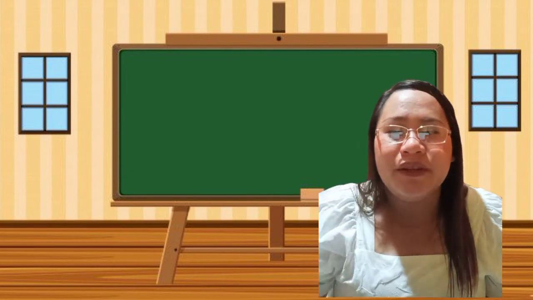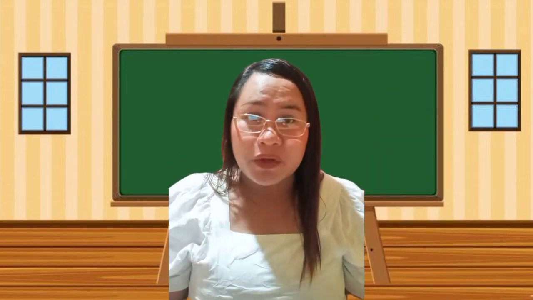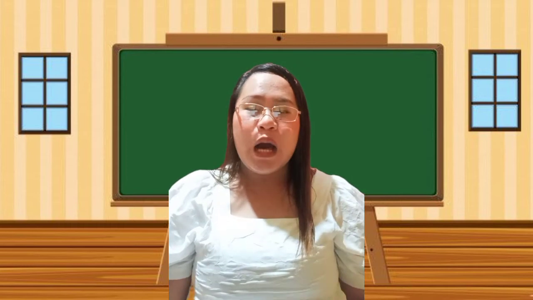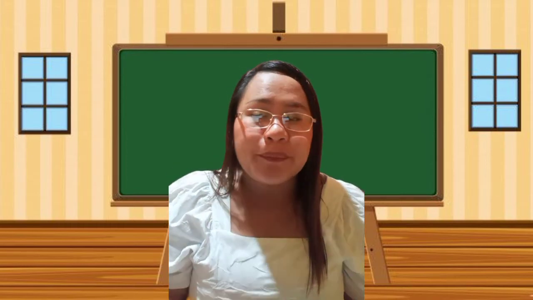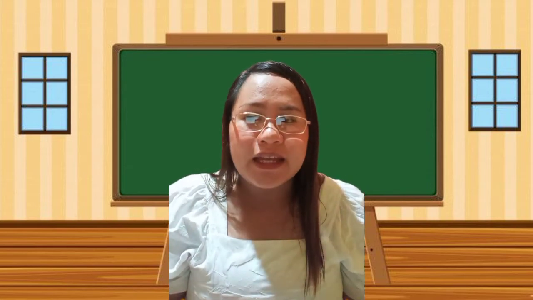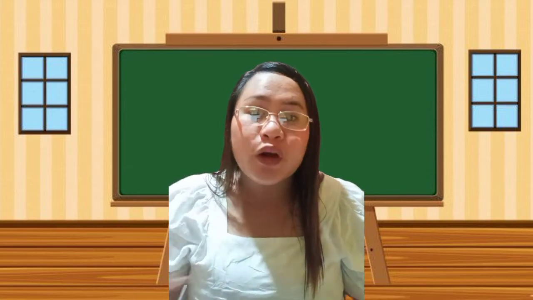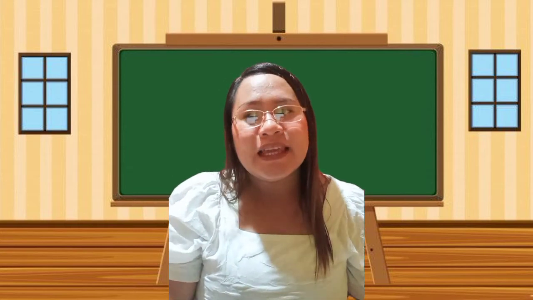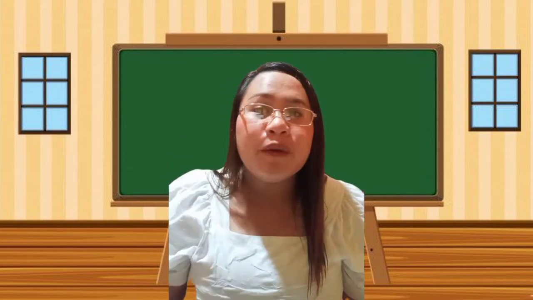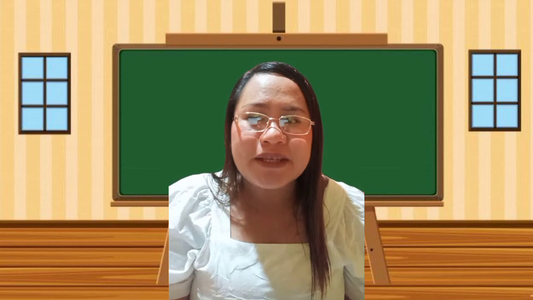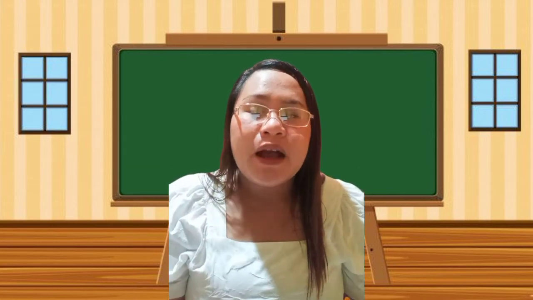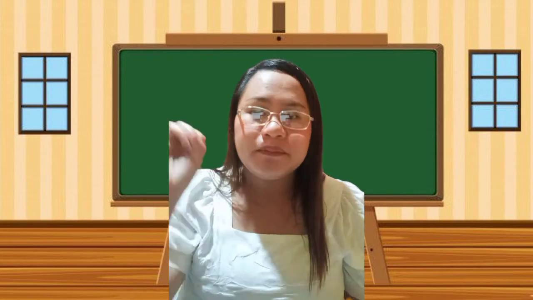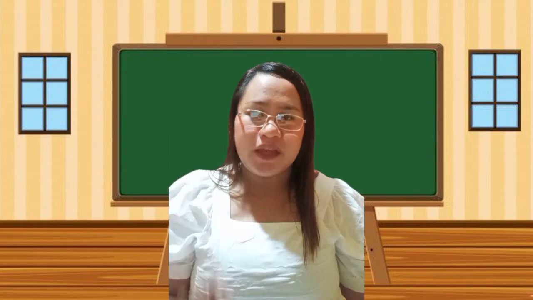Okay, very good. Before we proceed to our next activity, I want you to know that common noun is the generic name of a person, place, or thing in a class or group. Example, boy, city, happiness. So, common nouns are not specific, and proper noun are the name of a particular person, place, organization, or thing.